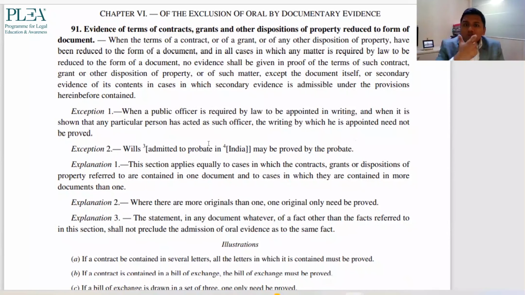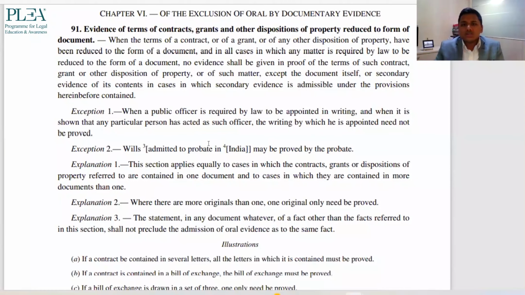Now, what is the proof of that document? The court may ask you. So this Evidence Act tells us: why do you need any other proof when you have the original document by itself in front of you? When the original document is in front of you, why do you need any other proof of the existence of that document?